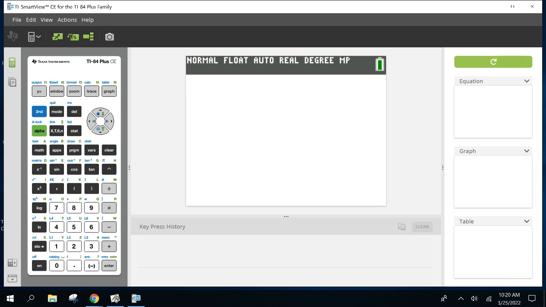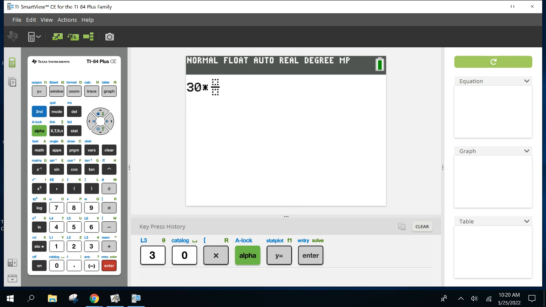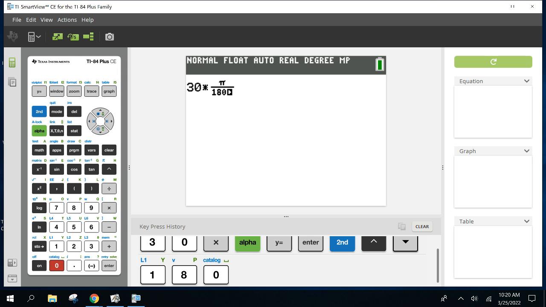So I do 30 times, get my fraction template out, pi over 180. And that's what I end up getting.